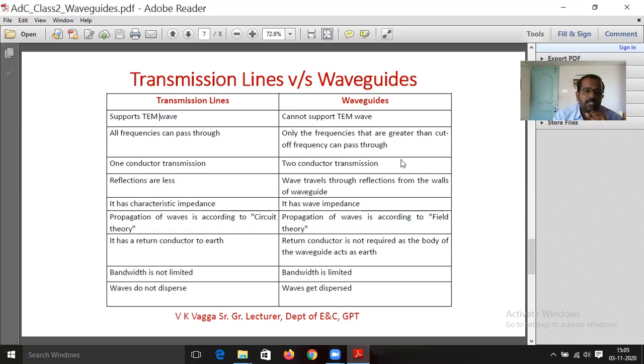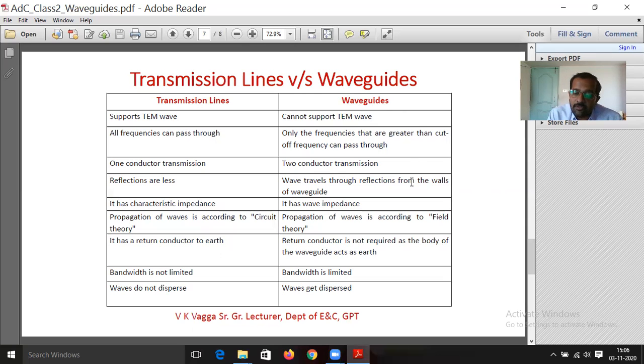And after that, if you take another difference, all the frequencies can pass very easily in the ordinary transmission lines. If you take the waveguide, it is having a cutoff frequency here. So only the higher frequencies can pass into the waveguides.